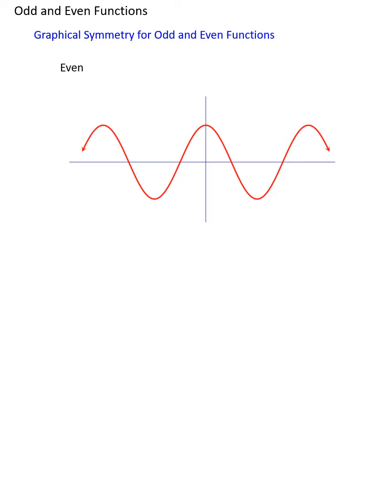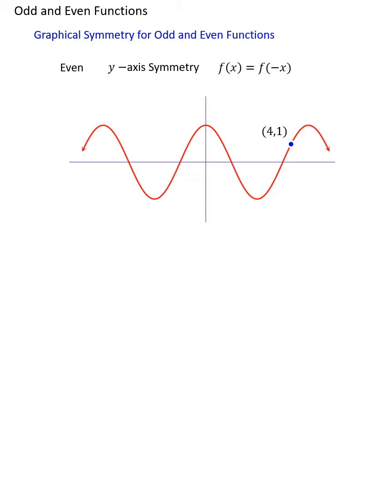Well, without any algebra, we can see graphically that this is an even function. Here's the symmetric interpretation of what the graph of an even function looks like. It has what's called y-axis symmetry, which is the geometric way of representing the definition of an even function.